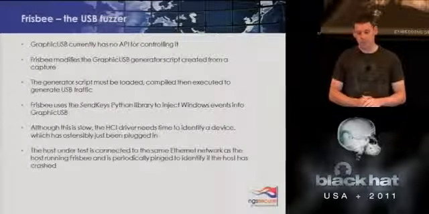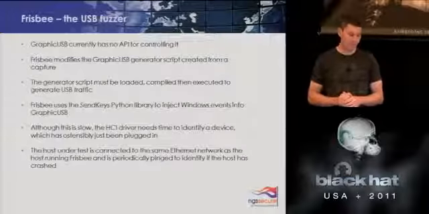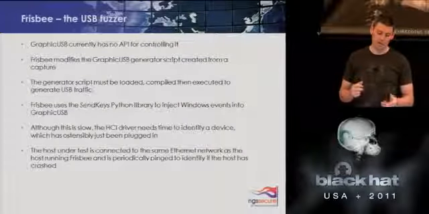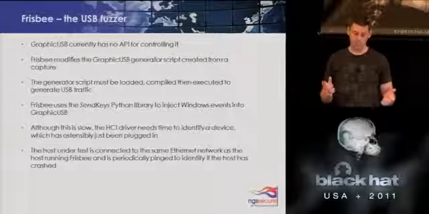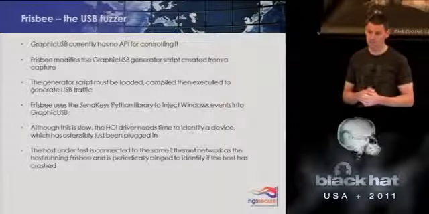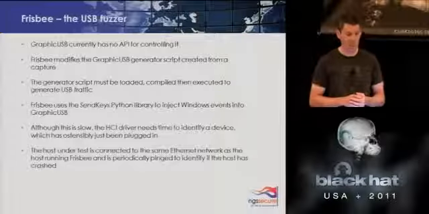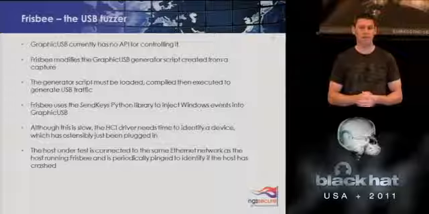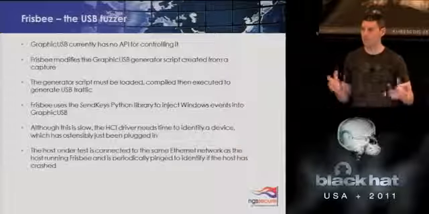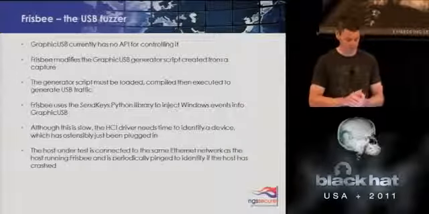So I developed a USB fuzzer called Frisbee. As I mentioned, the Graphic USB, which is the name of the Win32 GUI that you get with the product, doesn't have any API for controlling it, so we needed some way of interacting with that to get it to make the modifications that we needed as part of the fuzzing process.